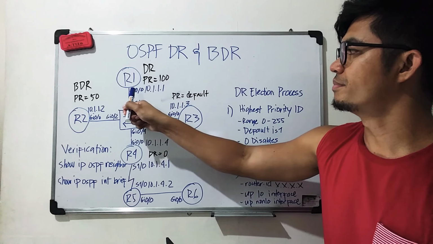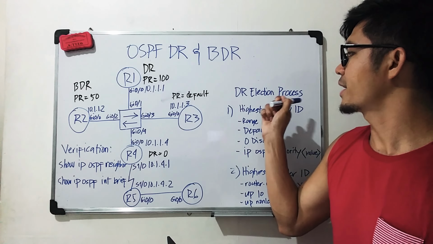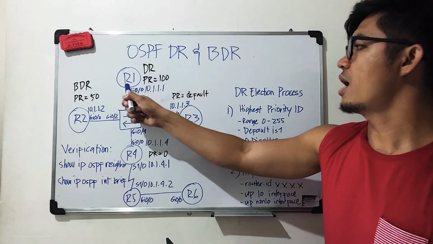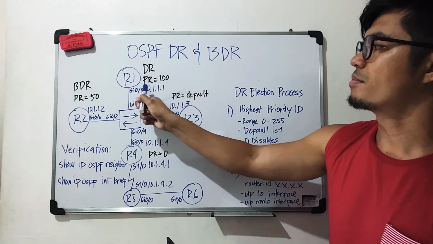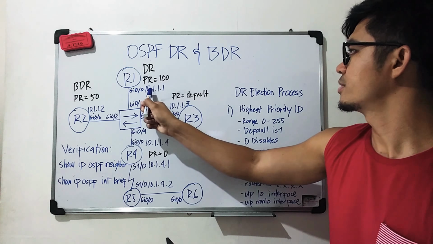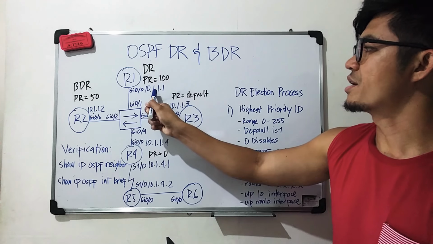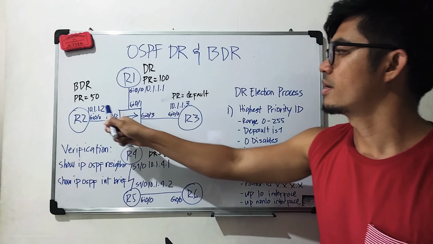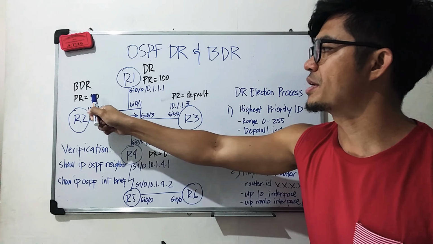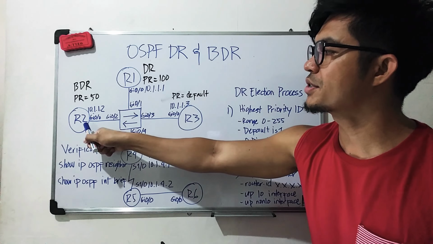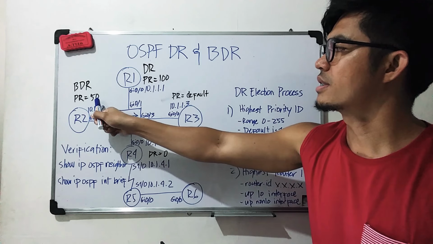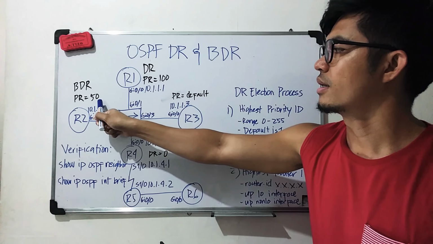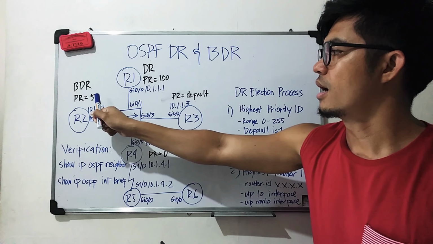So of course, like I said earlier, R1 will be the DR because it has a priority of 100, the highest priority in the segment, and R2 is the BDR because it has the second highest priority.